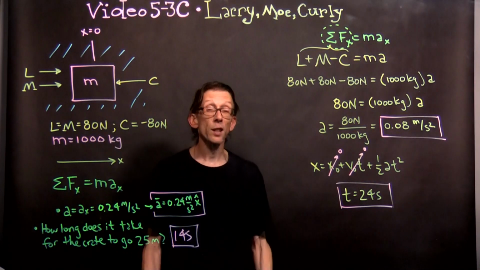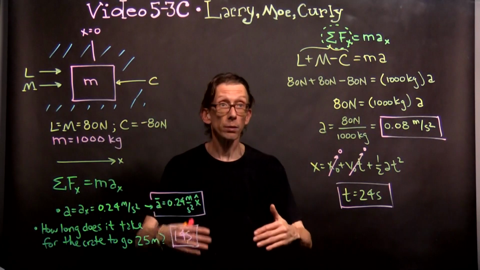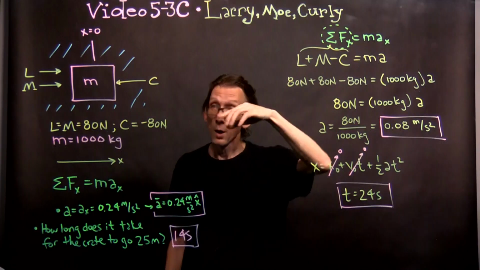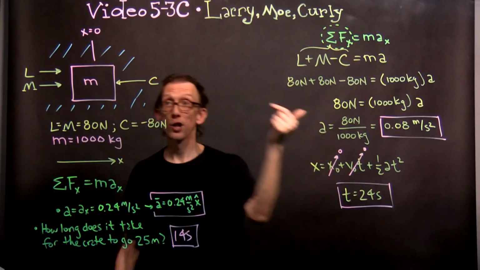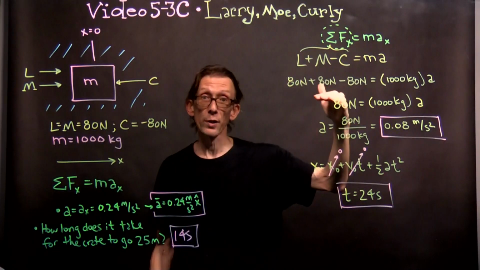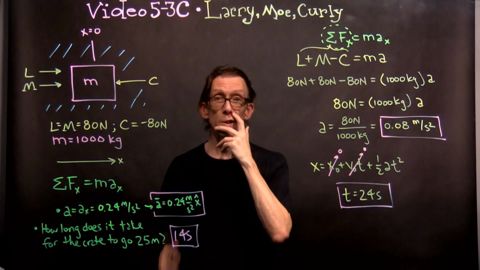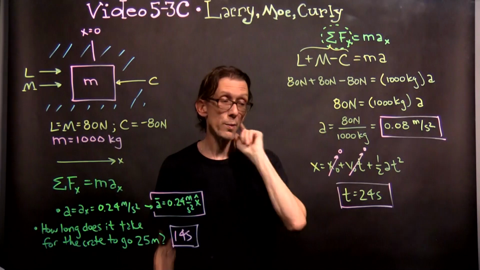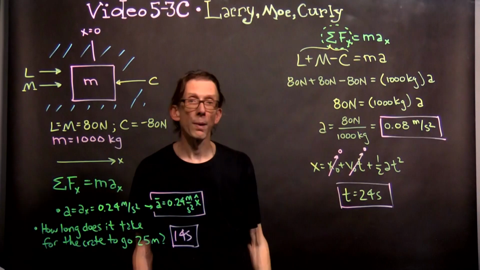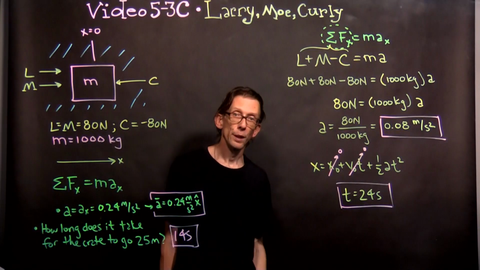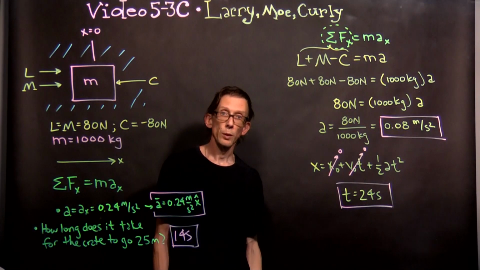So the force and acceleration are proportional, right? If we cut the force down to 1/3 of its original value, when Curly came back around to push that way, the acceleration also went down to 1/3 of its original value, but the time did not increase by a factor of 3. And that's because of this square in the equation there.